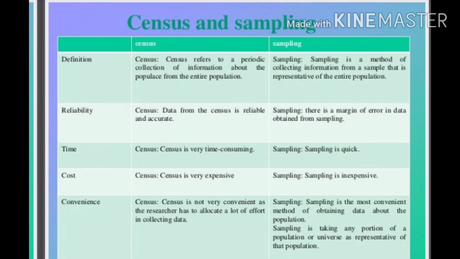Convenience: census is not very convenient, as the researcher has to put a lot of effort into collecting the data. Sampling is the most convenient method of obtaining data about the population. Sampling is taking any portion of the population that is representative of the population.